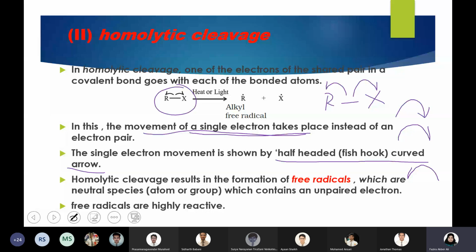These arrows are very important in organic chemistry, because in organic chemistry there is a shift of electrons in many processes, so the usage of arrows is very important. For normal electron transfer, you use full curved arrows with a double head. For homolytic cleavage, where a single electron is moving, we use half-headed arrows.